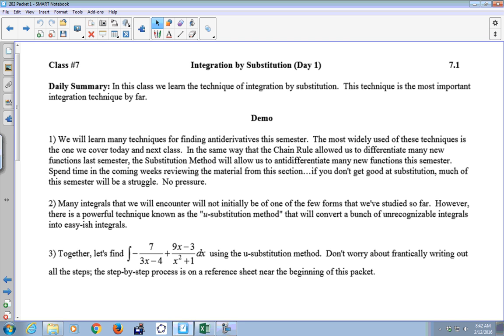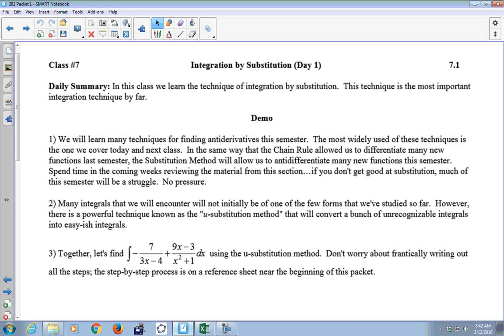All right, so in this class, we're going to learn the technique of integration by substitution. This technique is the most important integration technique by far. We're going to spend 2 days on it. We're going to learn many techniques for finding antiderivatives this semester. The most widely used of the techniques that we'll learn is the one we cover today and next class, substitution.